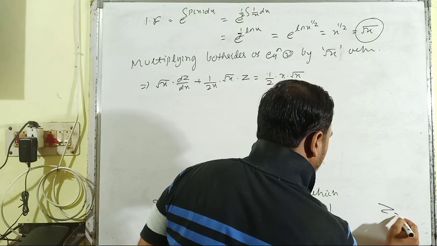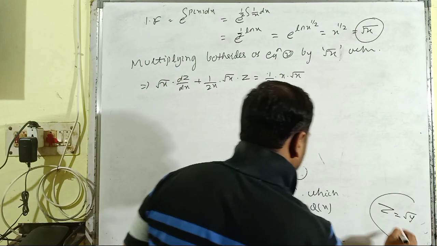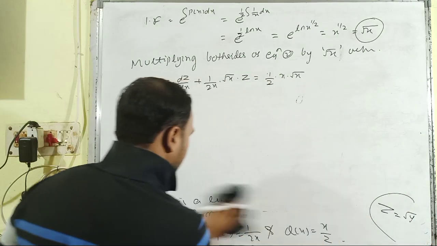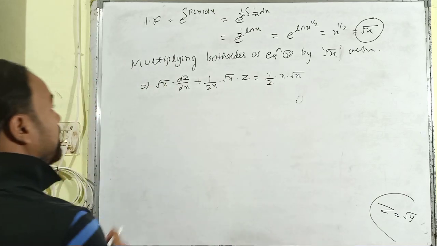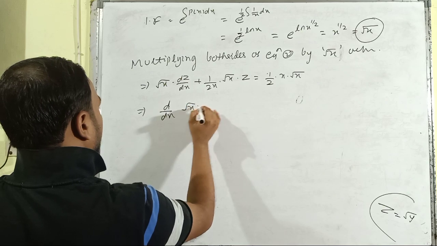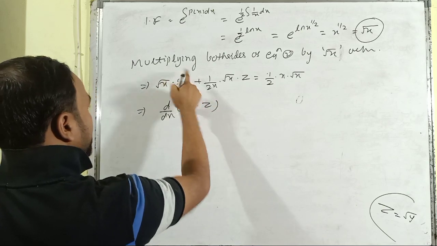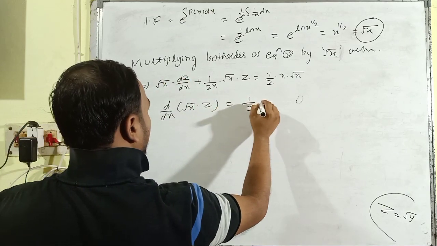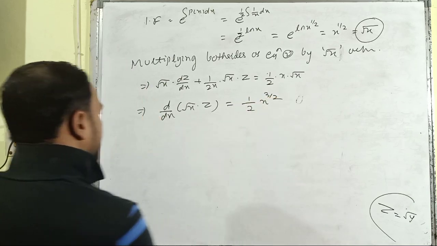We have taken z as square root of y. Now this will become differentiation of the multiplication of square root of x and z, and it is 1 upon 2 x to the power 3 by 2.